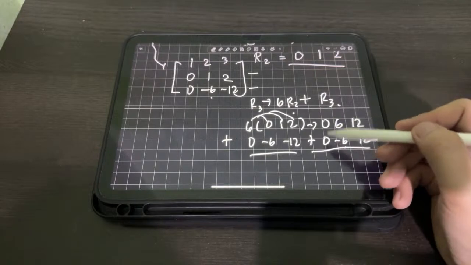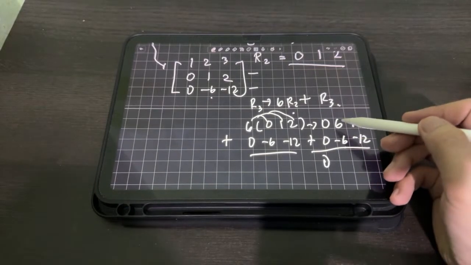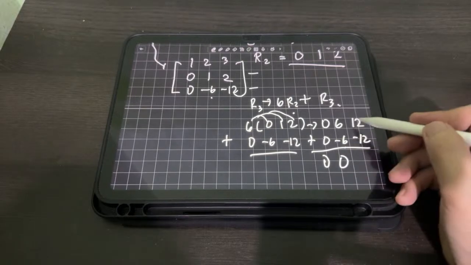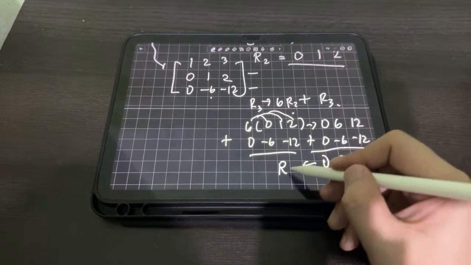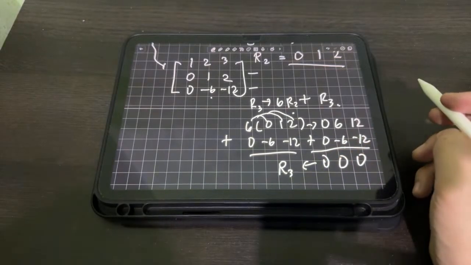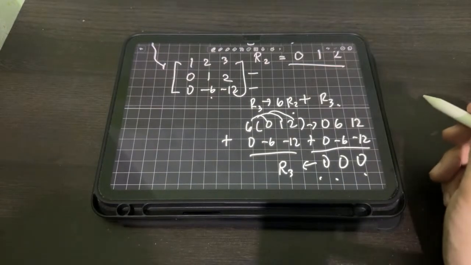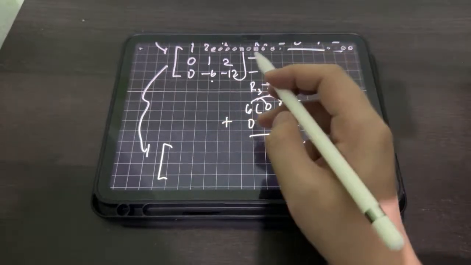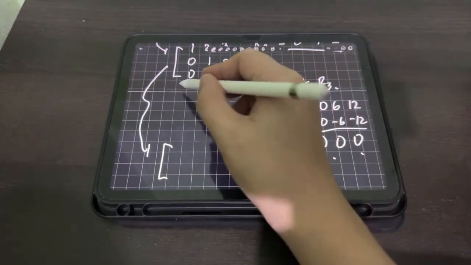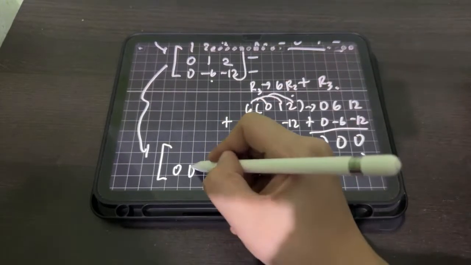Okay, so 0 plus 0, 0. 6 plus negative 6, 0. 12 plus negative 12, 0. So therefore, row 3 will become a zero row because all the entries are zeros. So the new entries in row 3 will be replaced with 0, 0, 0.